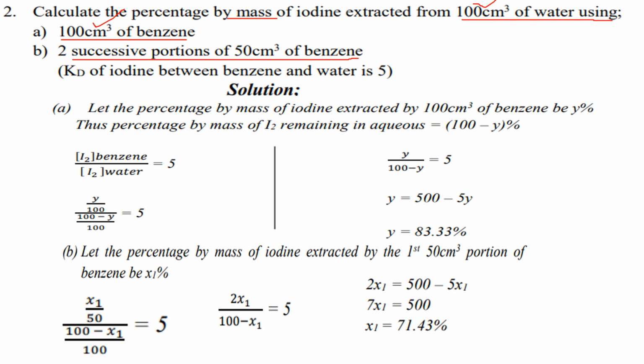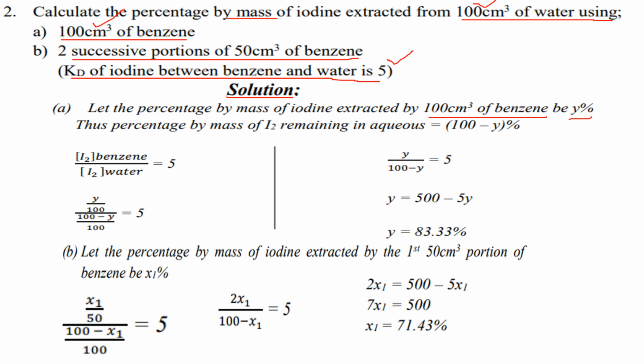And we are saying that the partition coefficient of iodine between benzene and water is 5. And always remember that this one always remains constant. So we are saying that let the percentage by mass of iodine that will be extracted by 100 centimeters cubed of the extracting solvent, which is benzene, be y%.